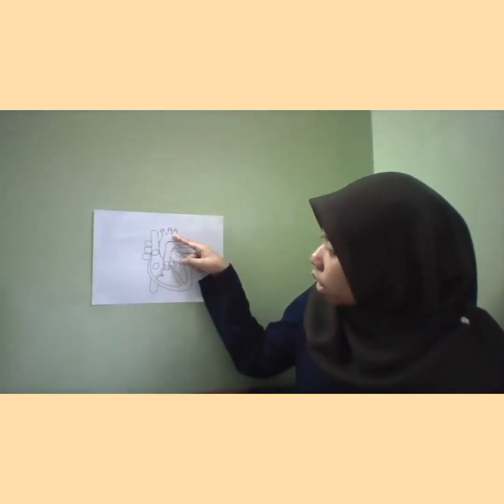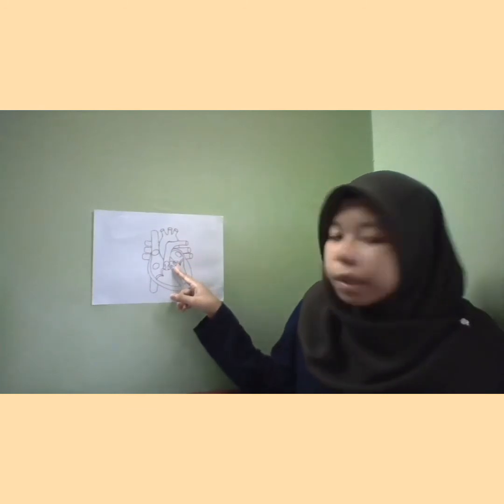The blood that accumulates in the left atrium flows to the left ventricle through the open mitral valve, and the blood then flows to the aorta through the open aortic valve, and the aorta carries the blood to the whole body.